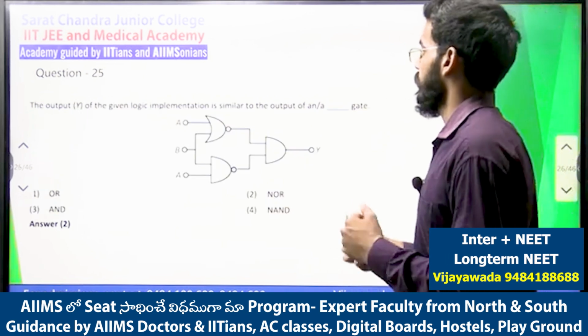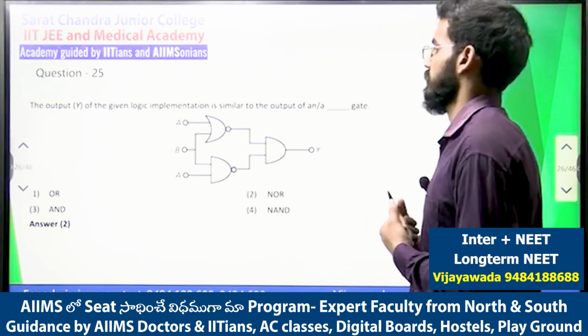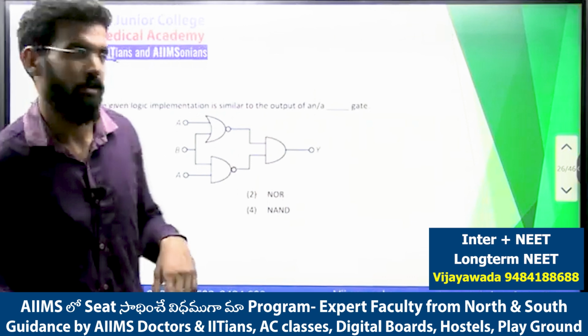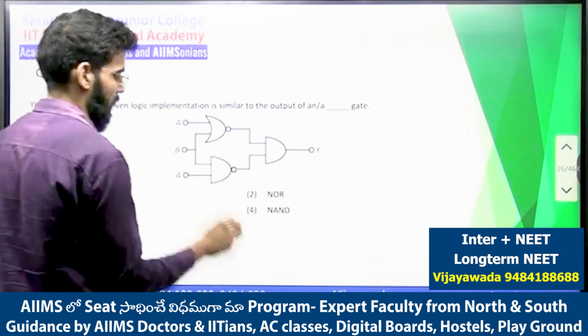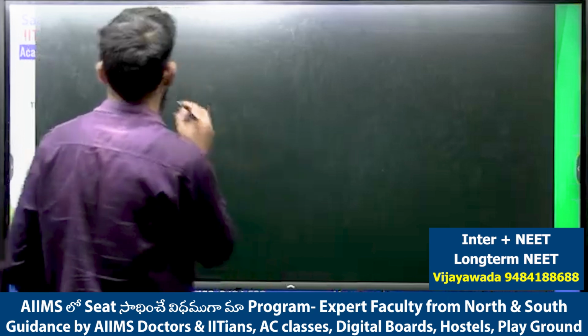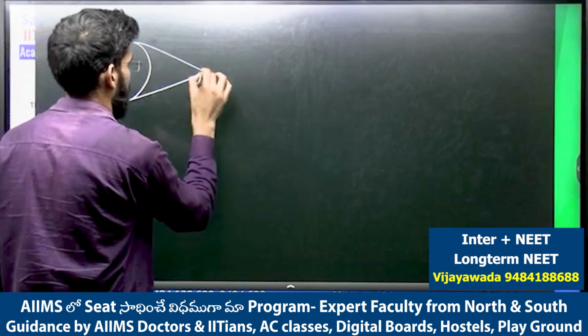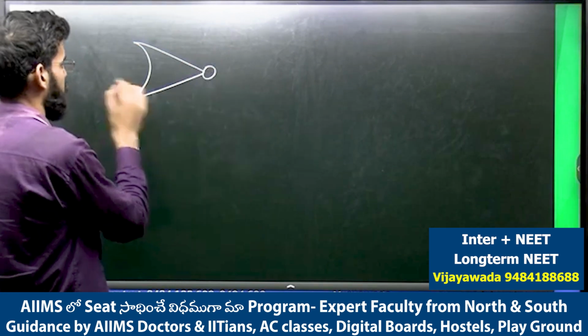Question 25: the output of the given logic implementation is similar to the output of which gate? We have to draw this gate. Maybe you will not be able to see it very clearly here. This is an OR gate, this is an AND gate. We have an OR gate and then a NOT, and an AND and then a NAND.